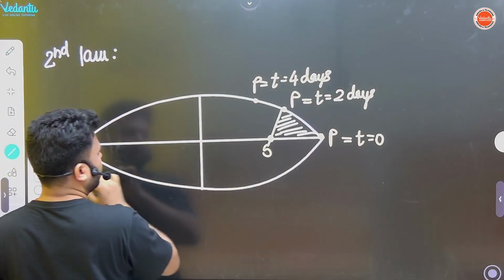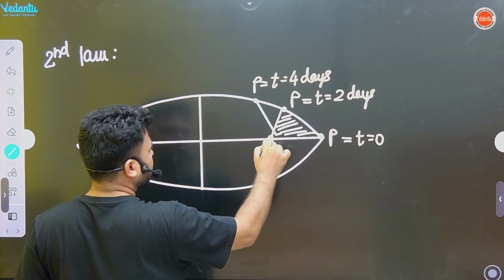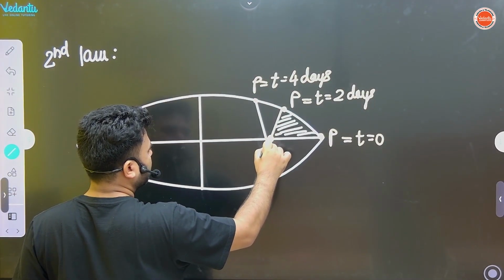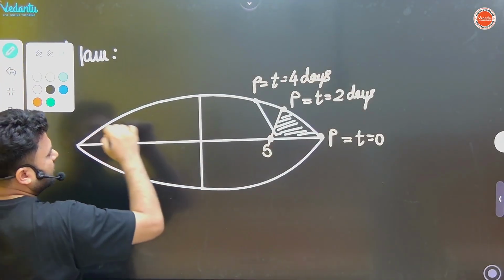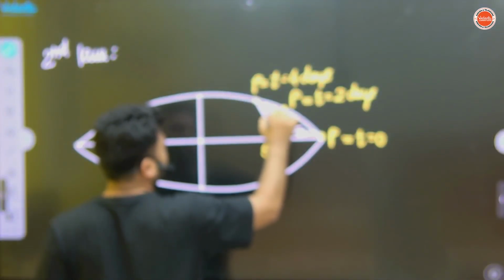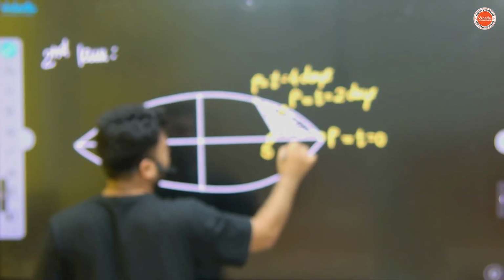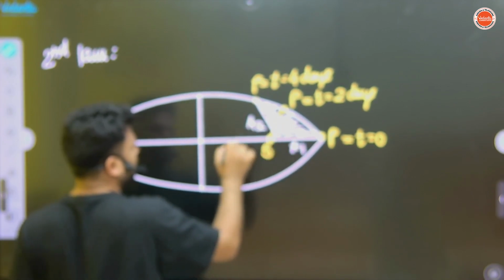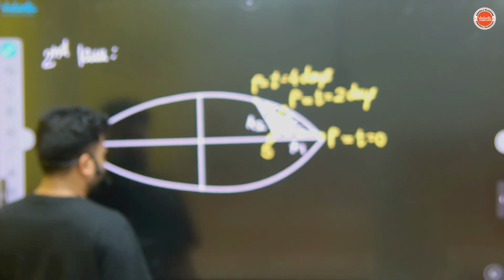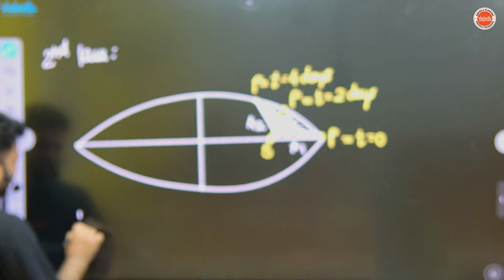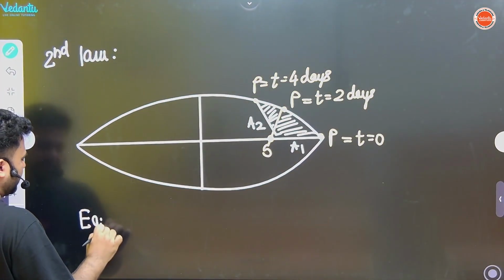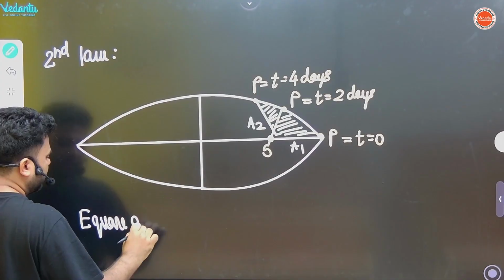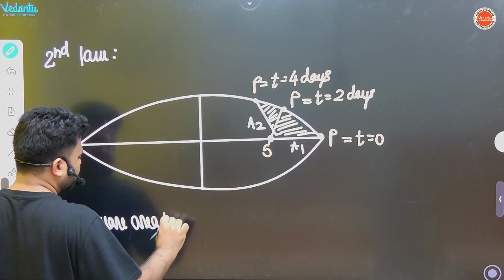If I join lines like this, these two areas will be the same. Suppose this is area 1, this shaded side is area 2. So it says equal area in equal time. This is the second law.